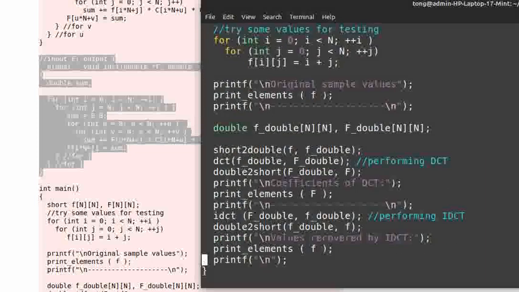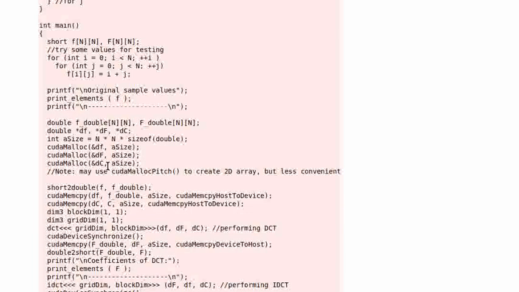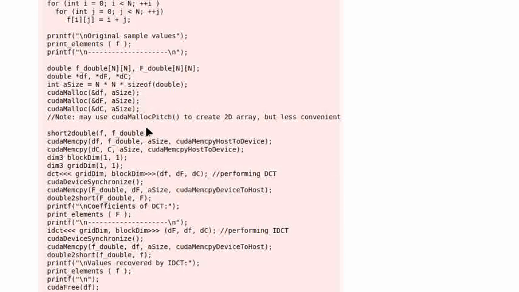And the main needs to be changed because we need to allocate memory for the device, for the GPU. So this is the code that we need. We declare the variables df, dn, dc, and the memory size that we need to allocate is n times sizeof double.